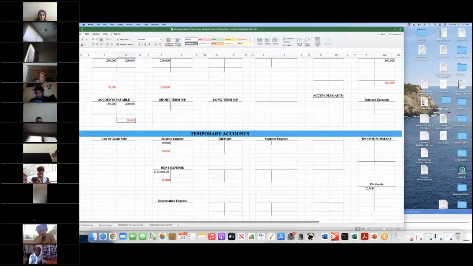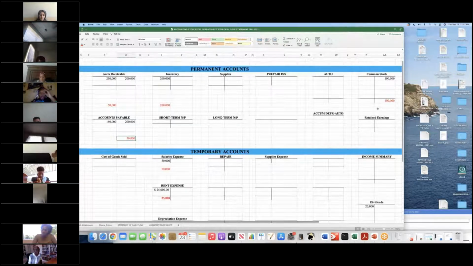That is, all of these accounts are temporary retained earnings accounts. Once we've prepared our income statement and statement of retained earnings, we're ready to close these out and get us a new retained earnings. So let's look at how we're going to do that.